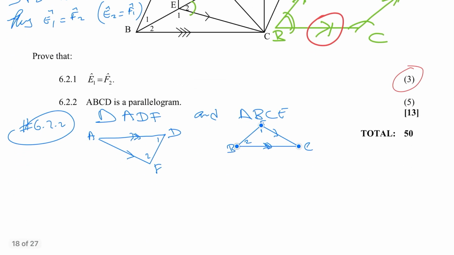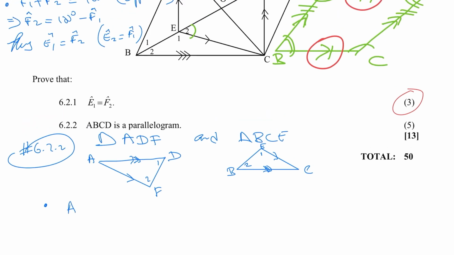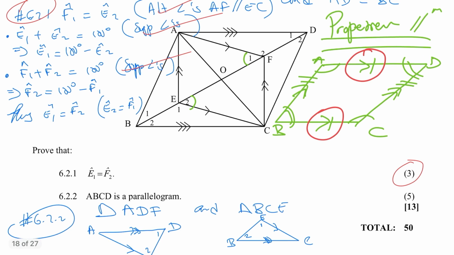Now, the first thing to notice from here, right? You're trying to prove that triangle ADF is similar to triangle BCE. The first thing to see is that AF is equal to EC. Why?